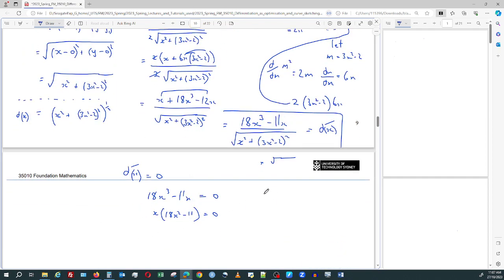So therefore, x will be 0. This is true when this one's 0. And it will also be true when 18x squared minus 11 is 0. So 18x squared minus 11 is 0. A bit of undo.